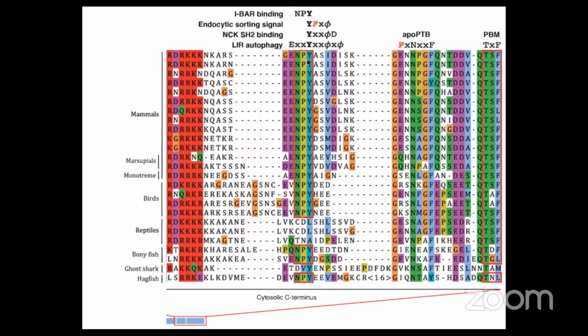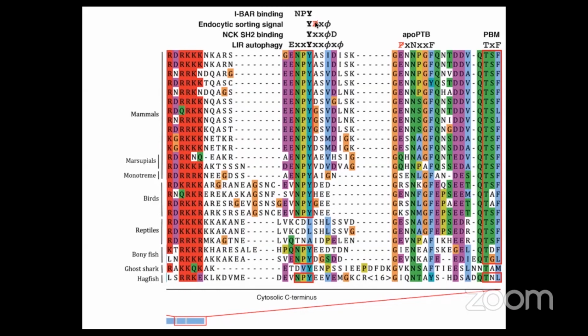So that's a very practical interaction to have, because you need to bend membranes during endocytosis and other membrane vesicle processes. That MPY is conserved in the hagfish. The reptiles have lost it, but unless you're Harry Potter, you can't ask them why. So that's a very nice conserved motif.